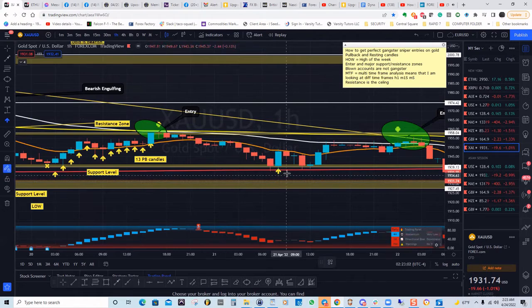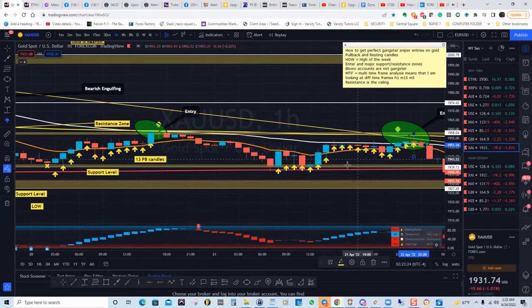Hit support, played around, doji, hit support, doji. Now we're getting pullback candles. These are dojis. 3, 4, 5, 6, 7, 8, 9, 10, 11, 12, 13.